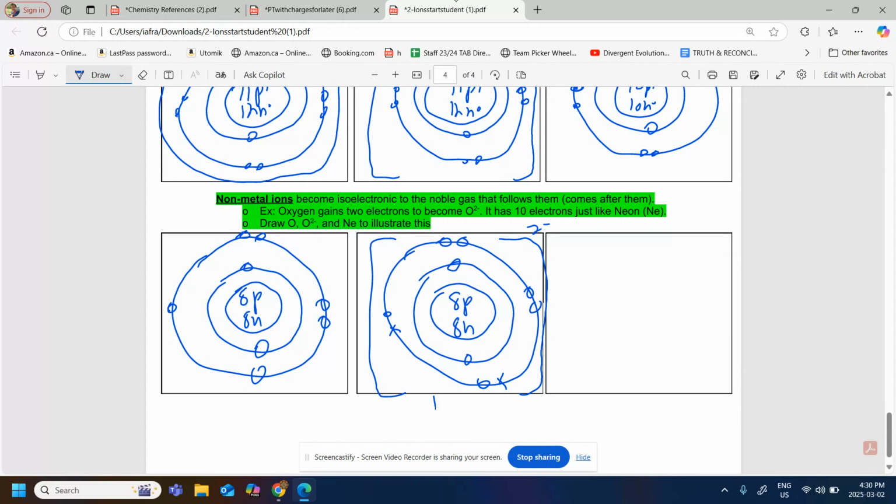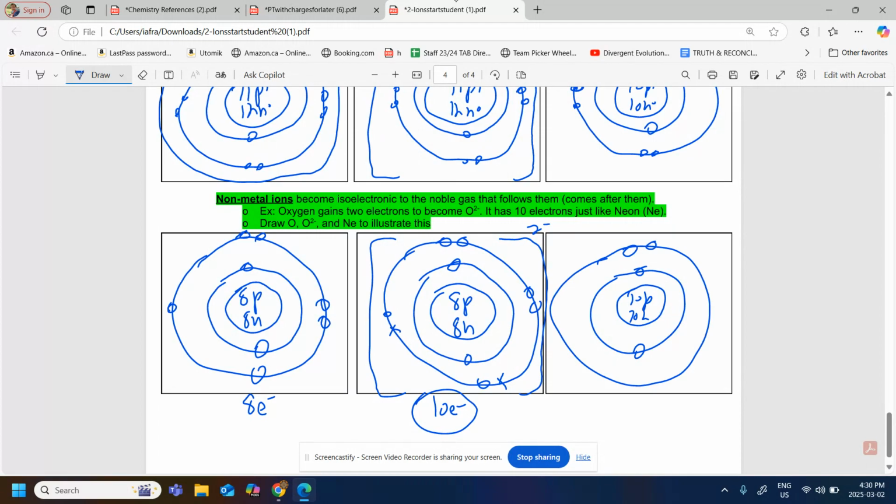So now oxygen has 10 electrons, this oxygen ion. This one had 8 electrons. And what else has 10 electrons? Well, neon does. So neon, like we drew above, 10 protons, 10 neutrons, 10 electrons. Neon and the oxide ion, so O2 minus, is isoelectronic to neon, same number of electrons.